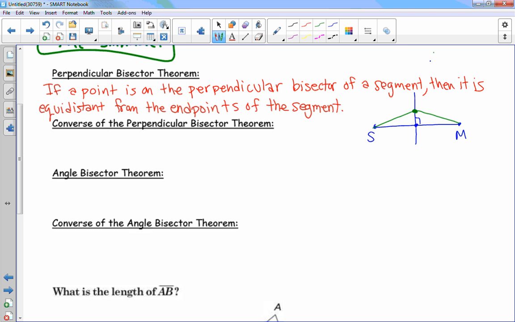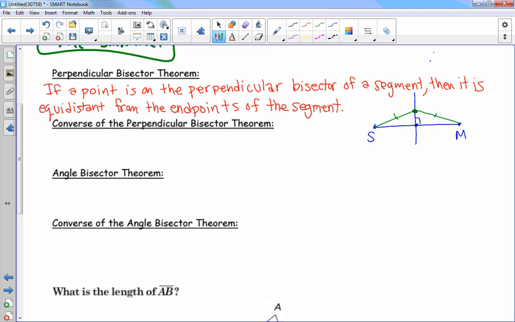And we can prove that with side angle side anyway. They share the same side, right? Yes. They're both 90-degree angles. And we know bisector means the base is connected to this base. So side angle side, those are considered triangles. So this hypotenuse is connected to that hypotenuse.